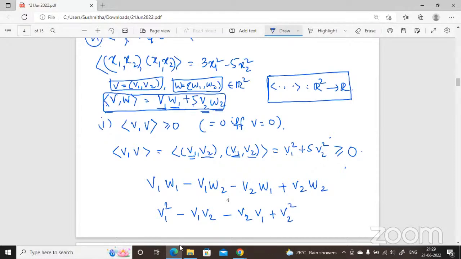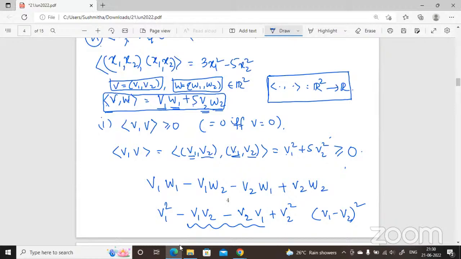When I take V, V, these are terms which can be absorbed into a perfect square, right? We cannot say anything about these cross terms; they could be negative or positive.